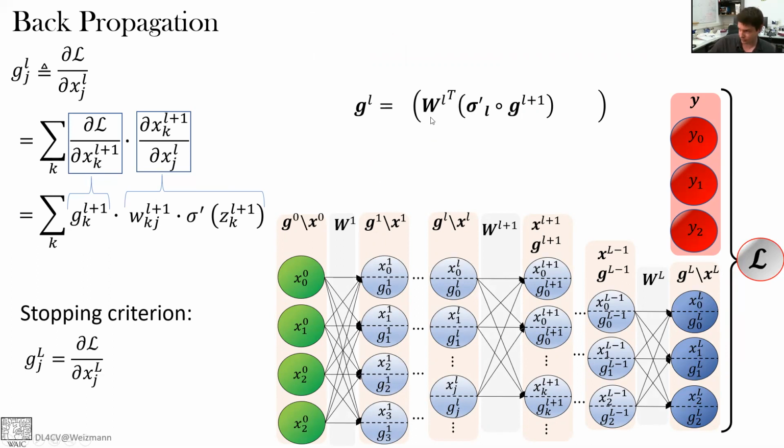And multiplied not by just the G values of the layer L plus 1, but we have this derivative of the activation. So I'm going to make a vector of these derivatives, and I'm going to multiply it pointwise. This is very simple. You can think of it as a diagonal matrix if you prefer, or just a pointwise multiplication. Each G value is multiplied by the relevant derivative of the activation.